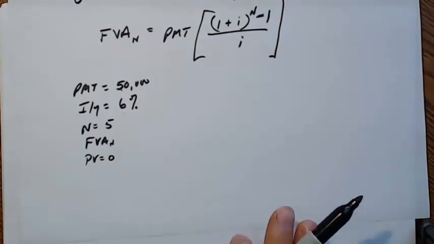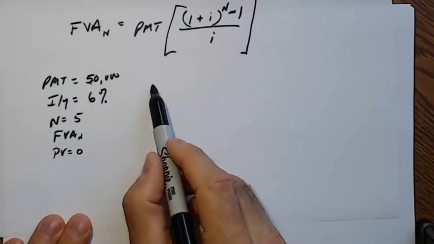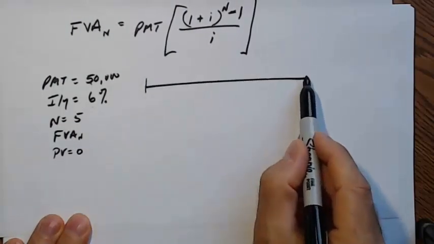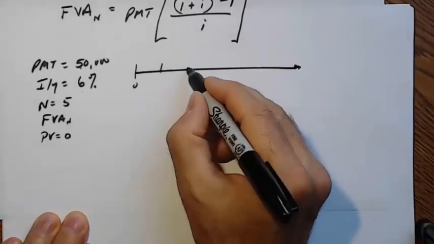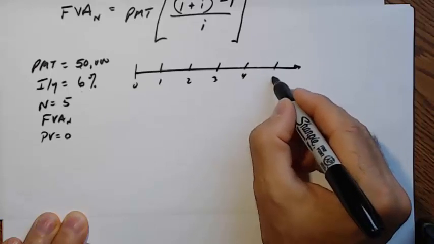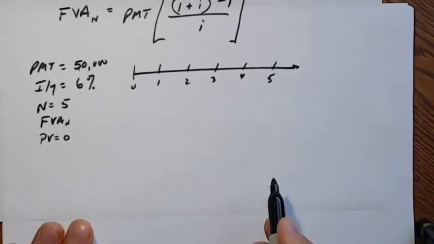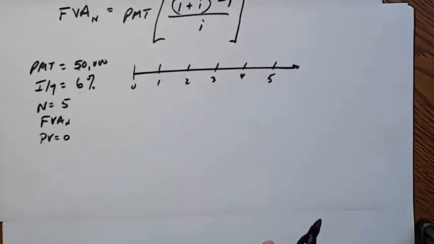Okay, so what's happening is, let's see if I can draw this out here. I'm going to chop off the zeros to make it manageable, and redraw my timeline. By the way, if you notice, I try to put the cash flows up top above.